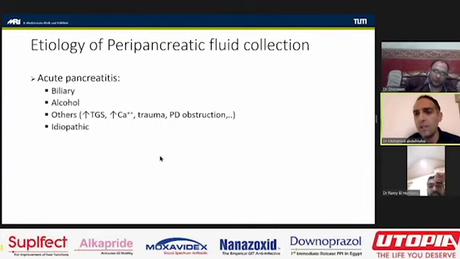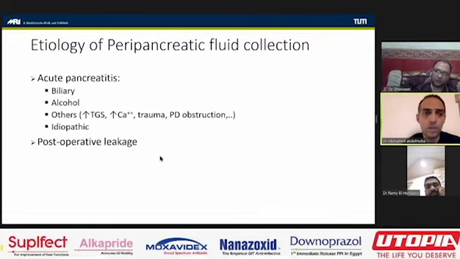Of course, I will not cover it today, but how to manage these patients, especially patients with severe acute pancreatitis. Acute pancreatic fluid collection can be a result of severe acute pancreatitis, the most common cause, or post-operative leakage. I will concentrate today on the management of peripancreatic fluid collections after acute pancreatitis.